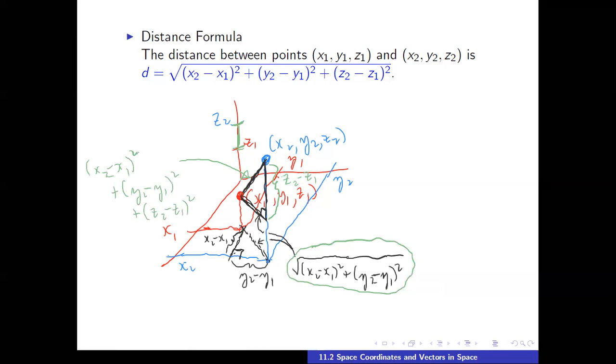And what would I have to do to that whole thing to get that length? Take a giant square root, yes? And that's where this formula comes from right here. It's basically just the Pythagorean theorem applied 2 times, yeah? And that's how we can discern the distance between these 2 points right here.